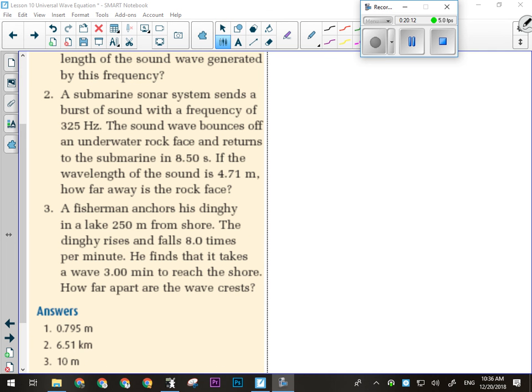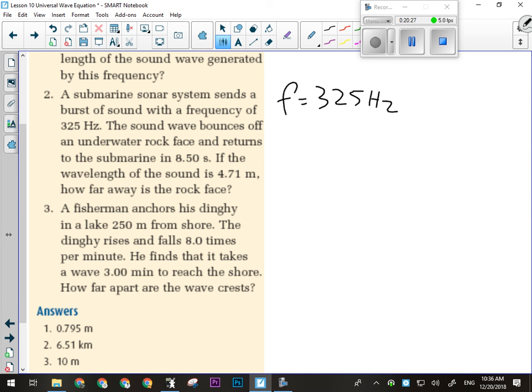All right, so looking at question number 2. We have a submarine sonar system, which uses echoes to determine the depth of the water. The frequency is 325 hertz. And the sound wave bounces off an underwater rock face and returns to the submarine in 8.5 seconds, which means it only took 4.25 seconds to get to the rock face.